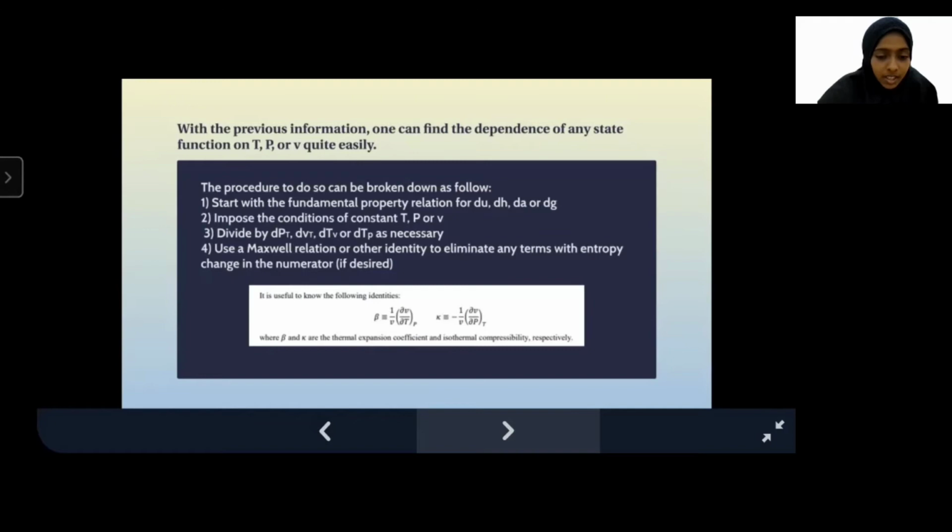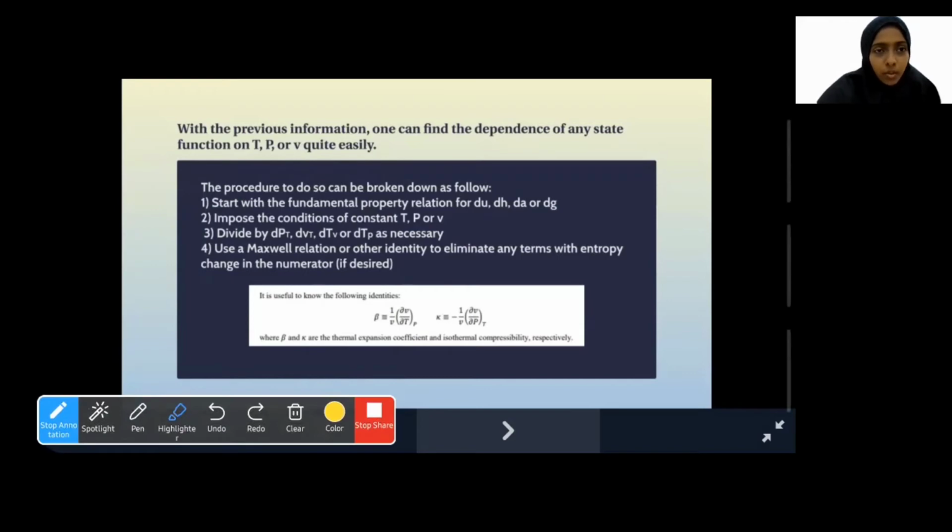It could be internal energy, enthalpy, or free energy. When we are given one fundamental property relation, we need to hold one variable constant. It could be temperature, pressure, or volume.